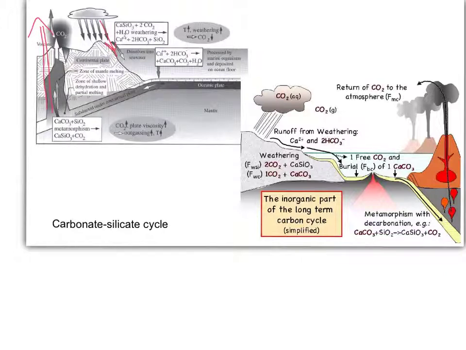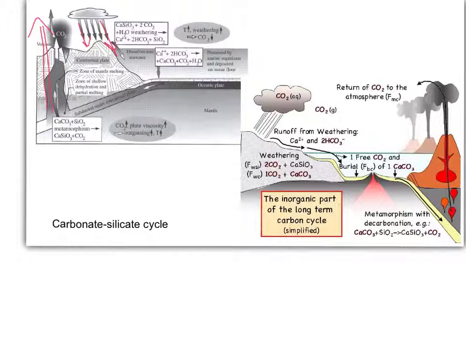So as precipitation occurs, some of that carbon dioxide rains down onto the land surface, and because carbon dioxide mixed with water is this weak acid, it participates in the weathering or the chemical breakdown of minerals in the land surface.